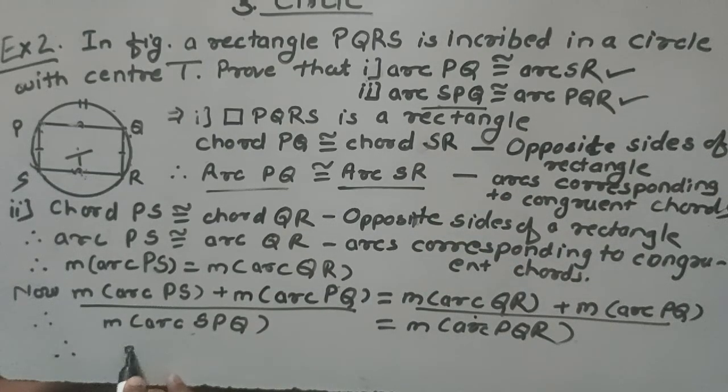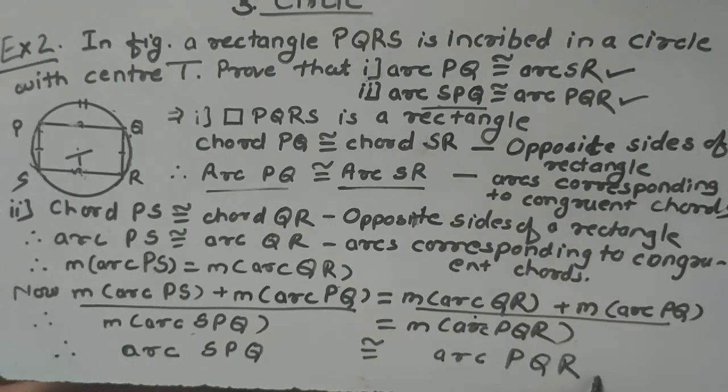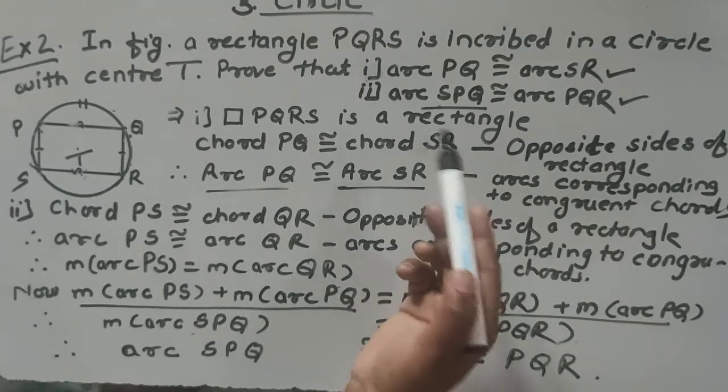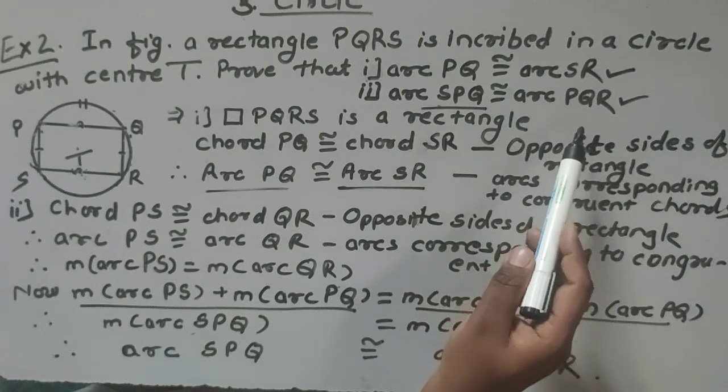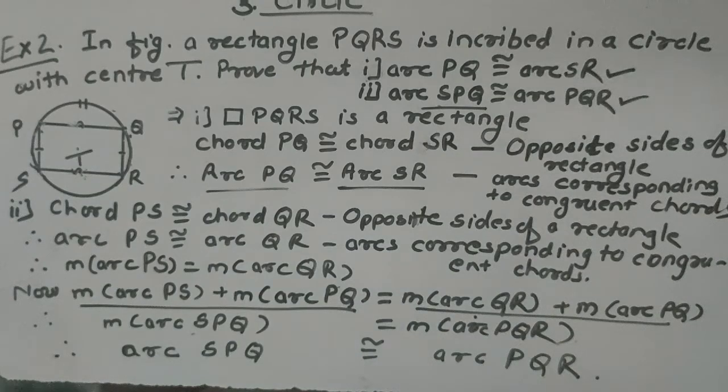Therefore, arc SPQ is congruent to arc PQR. Okay, so in this way we prove that arc SPQ and arc PQR are congruent to each other.